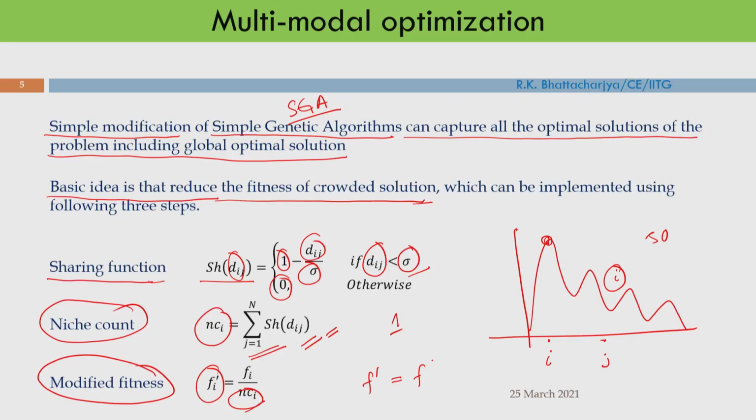If it is a crowded solution, I will reduce the fitness value. So, eventually, when this solution goes to the selection operator, it will not be selected, because you have reduced the fitness of the crowded solution.